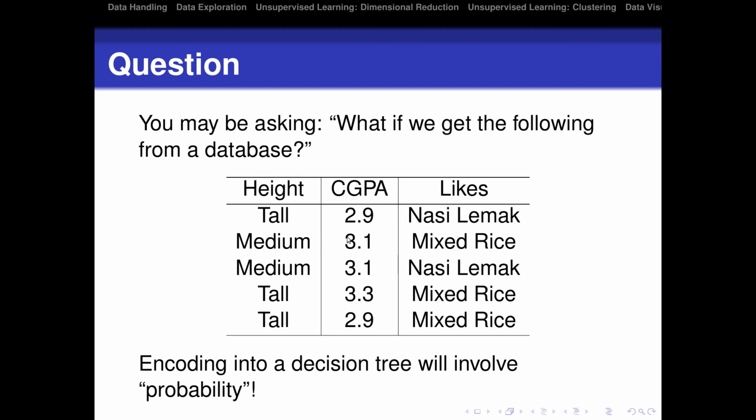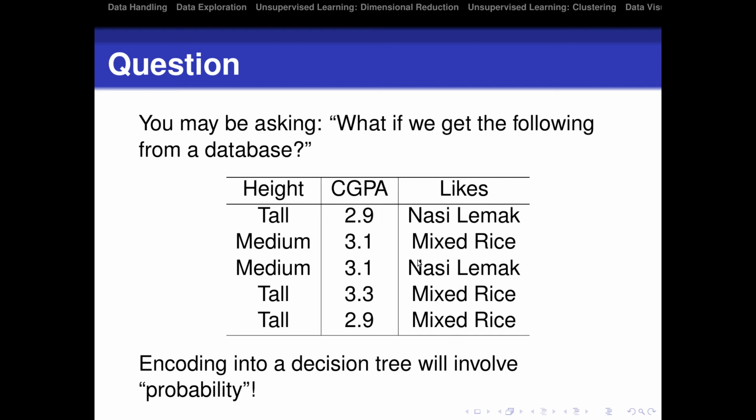But what is important for all of you to observe is that you can find that the first row and the fifth row both have exactly the same value, but they have different preferences. And it's a similar case for medium 3.1. Two persons, one prefers mixed rice, the other prefers nasi lemak.